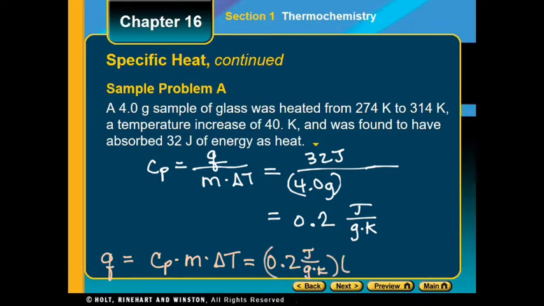The mass is still 4 grams, because it's supposed to be the same glass sample. And this time the change in temperature, like I showed you earlier, is 344 minus 314 Kelvin. You work that out and you get a value of 24 joules. So Q equals 24 joules. And again, grams and Kelvin all cancel out of what we had originally set up.